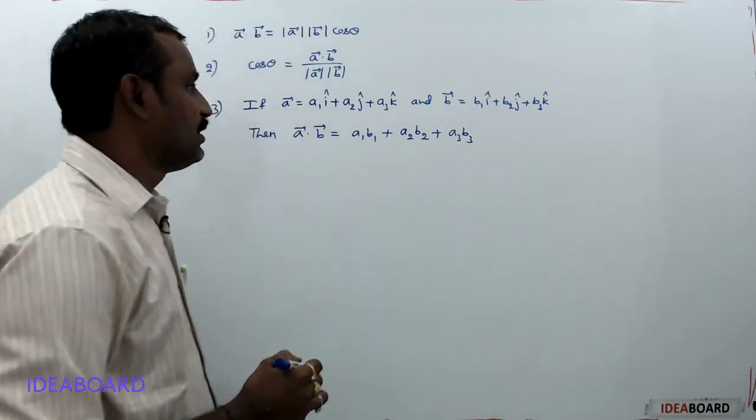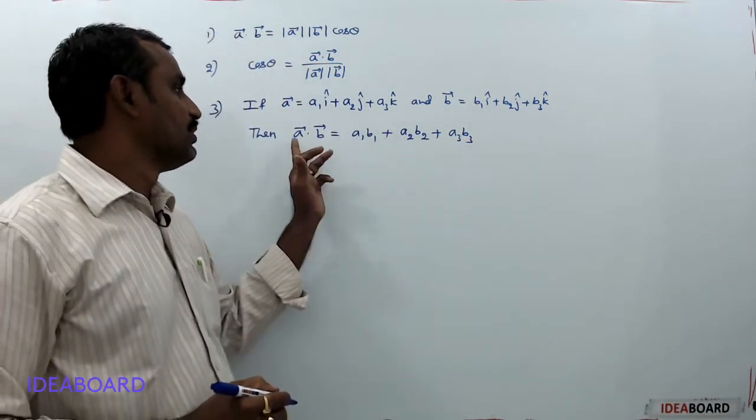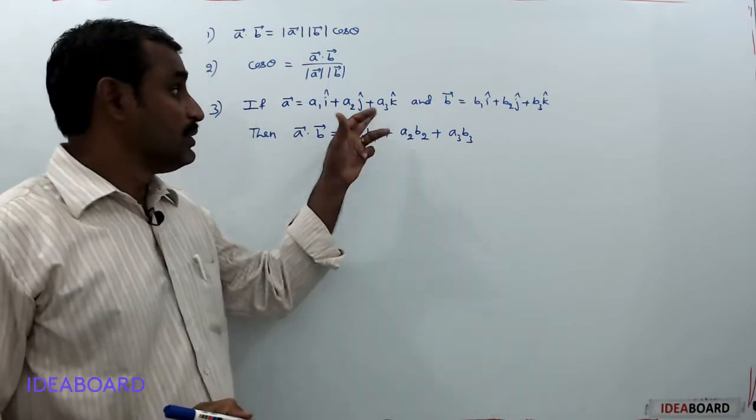This is the result of the dot product between two vectors.